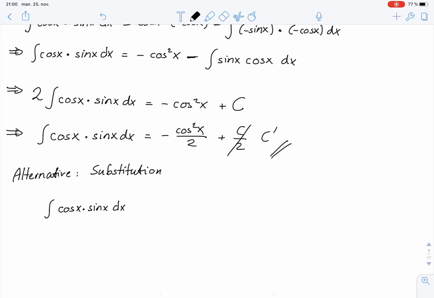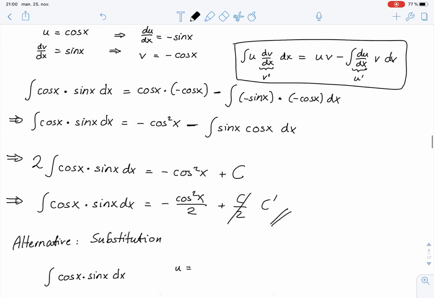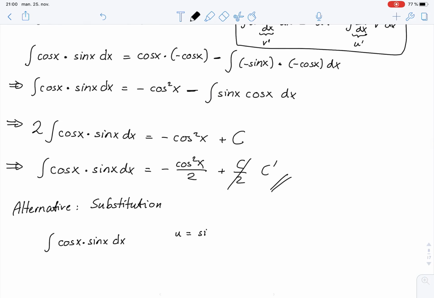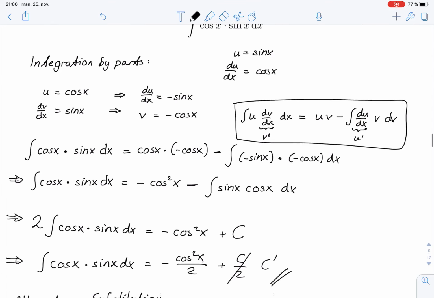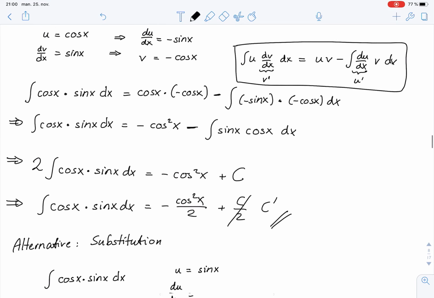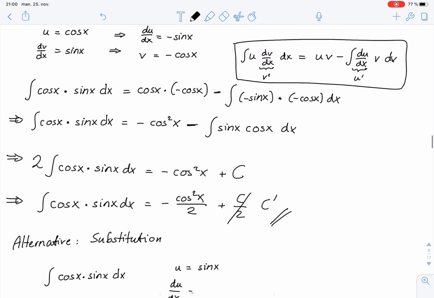So as I said, if we choose u as our sine, we could divide that and get our derivative of u. Now I just need to make sure that our signs are okay.